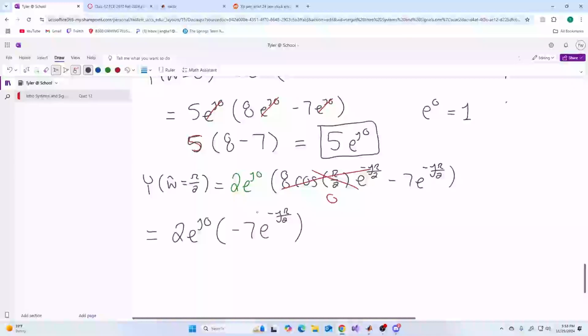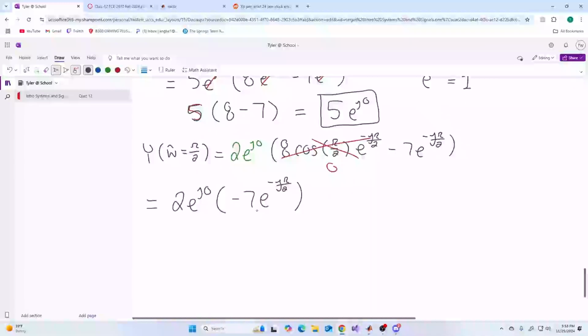Okay, we multiply the amplitudes and we add the phases. What I mean by this is I'm going to use blue for the amplitudes. We're going to get negative 14. Then I'm going to use green for this. So this is going to turn into e to the negative j pi divided by 2.